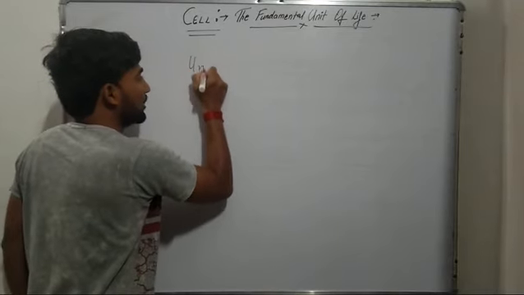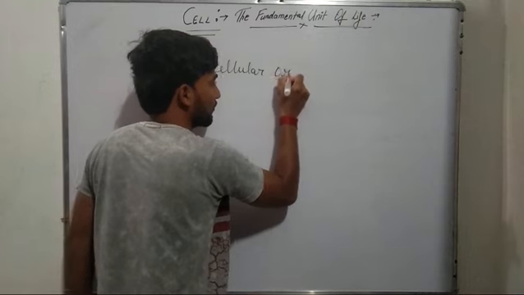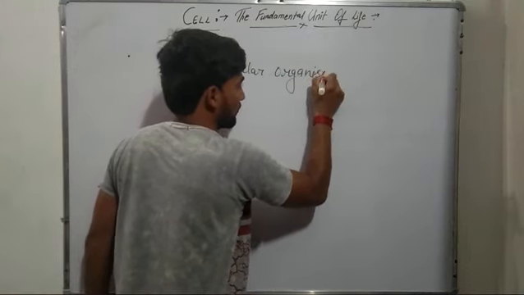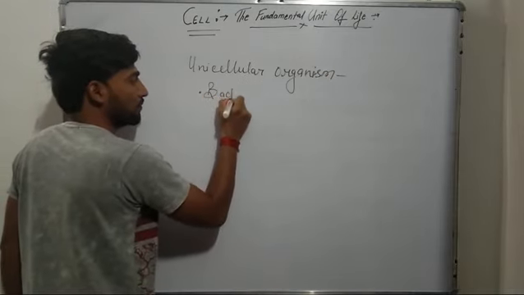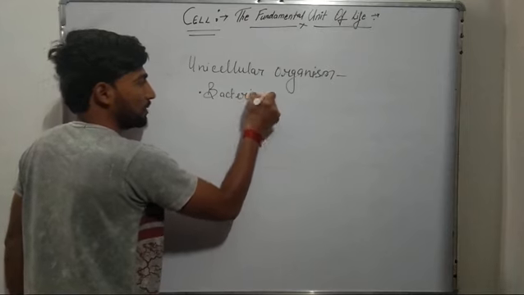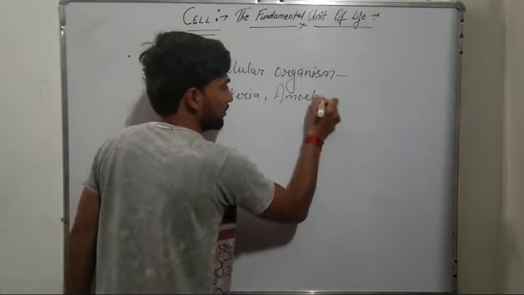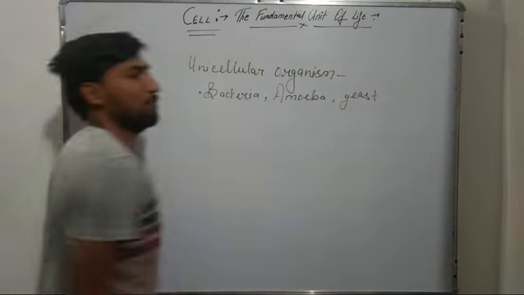Examples of unicellular organisms include bacteria, amoeba, and certain more examples such as yeast and chlamydomonas.